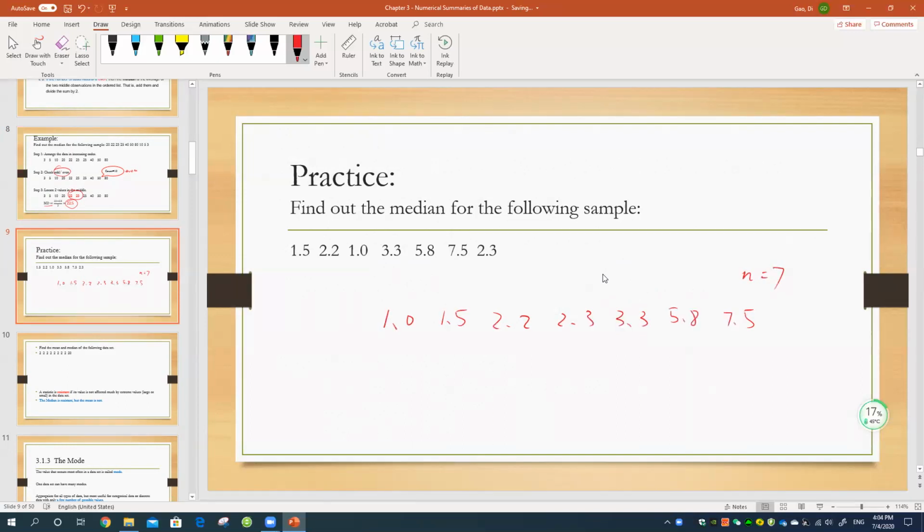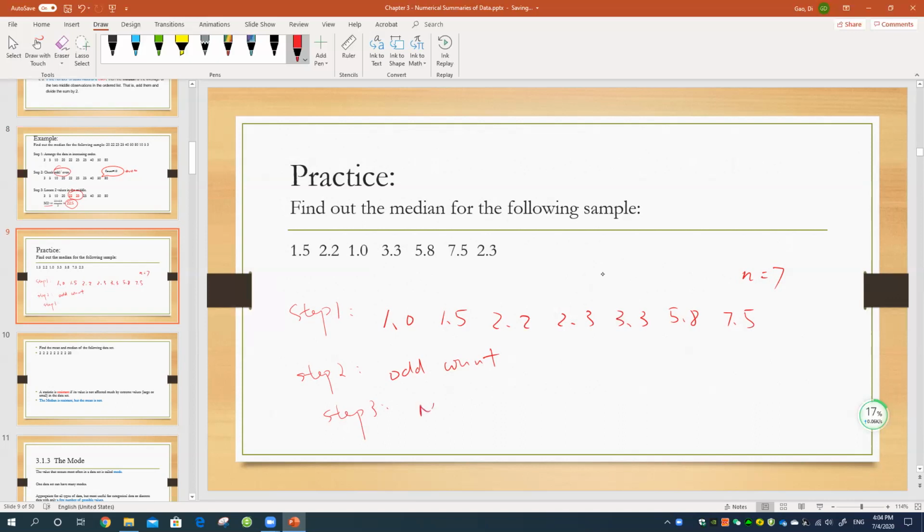That's step 1. Step 2, we know that we have an odd count. Then just locate the number right in the middle.